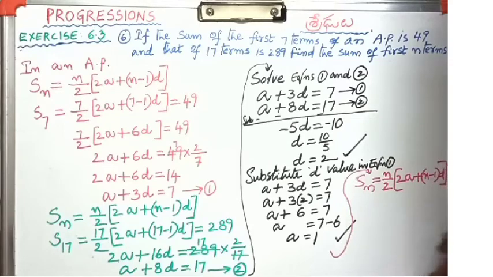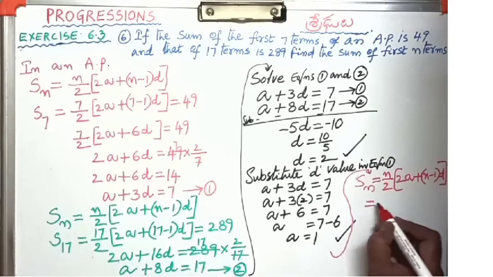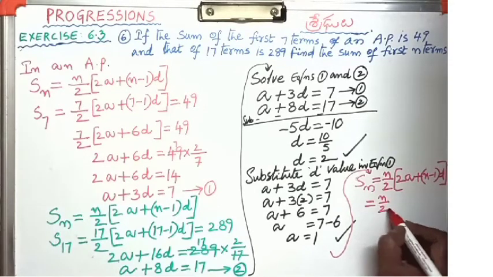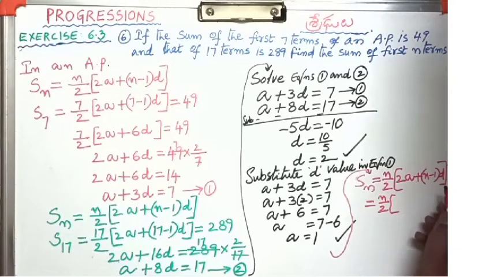This is the formula. So that equals n by 2. Now you have to substitute a value and d value only. So 2 into a value is 1 plus n minus 1 into d value is 2.